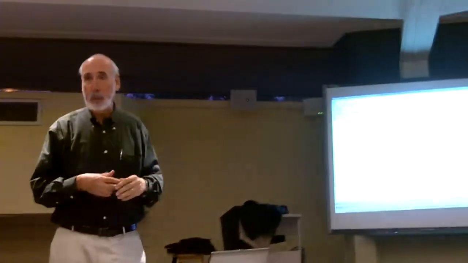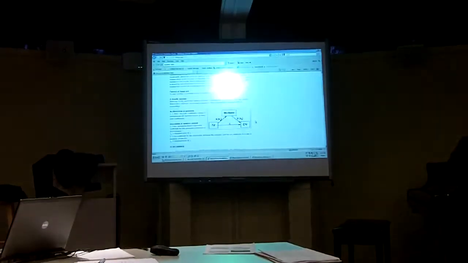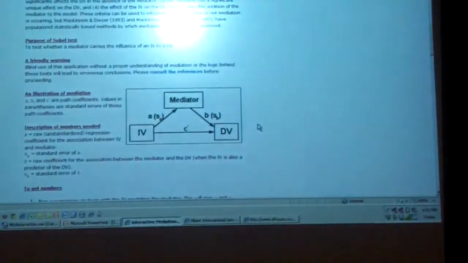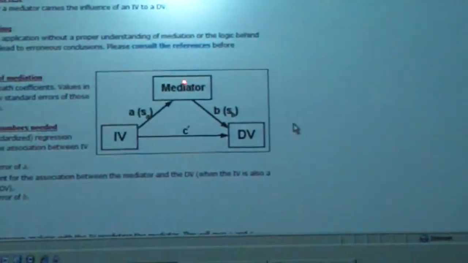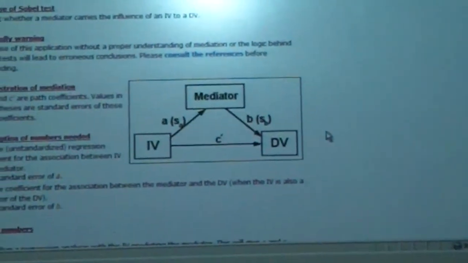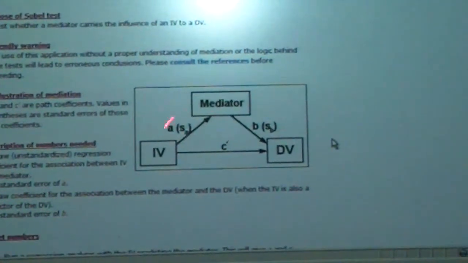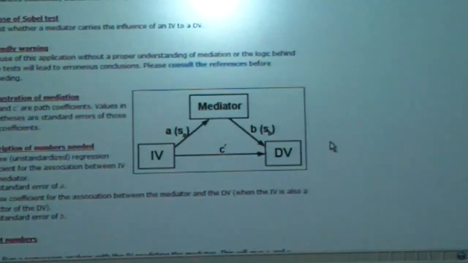So there's a very simple test for this, but we always first do the moderation and make sure we don't have an interaction. And in this one, you use your regression that we just did to determine the relationship between the potential mediator and the DV, and between the IV and the DV. So you do two regressions. One, you'd put both of them in against the DV.